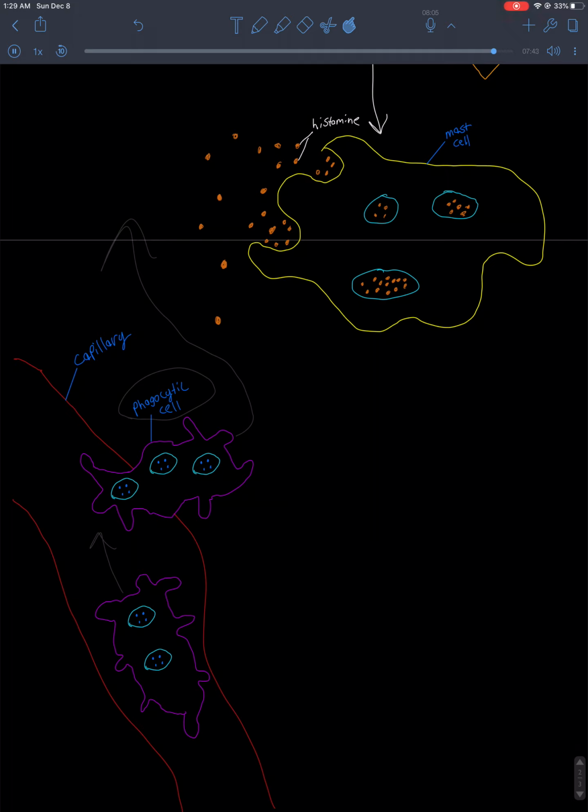In simpler terms, the increased dilation will allow an easier opening for more phagocytic cells to travel through the capillary and to the site of infection, which will basically allow for more immune response and a quicker response to the invading pathogens.